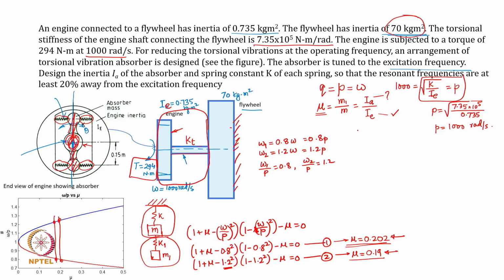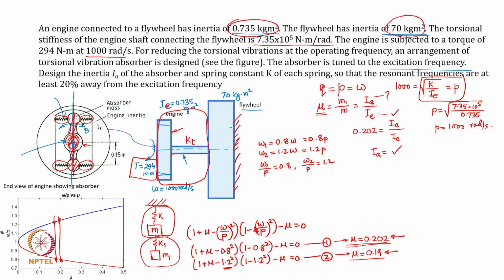So therefore, now that I have evaluated the value of mu, which is 0.202, I now have the relationship where IE and the mass ratio are known. IE is already 0.735 and therefore IA can be calculated.